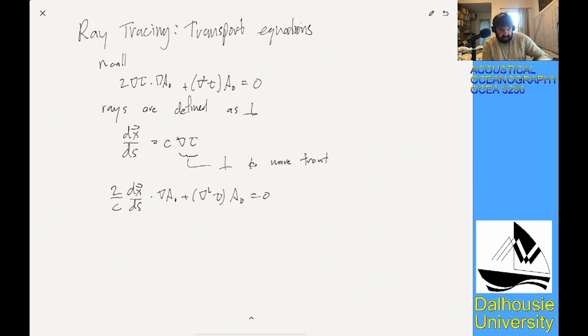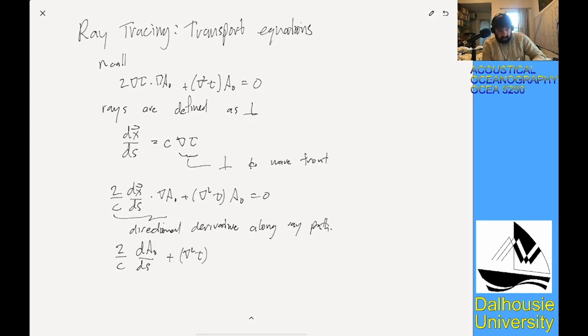And now we have this directional derivative along the ray path. So let's rewrite it. We have 2c dA0/ds plus del squared tau A0 equals 0.